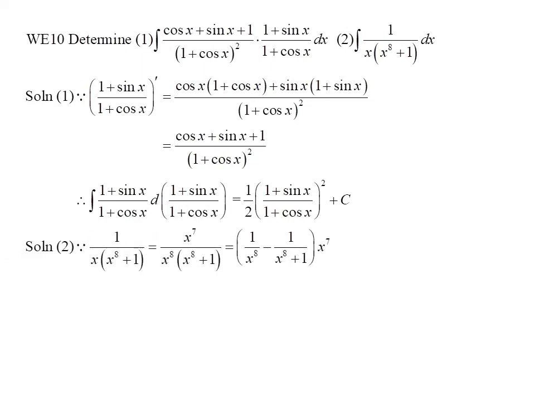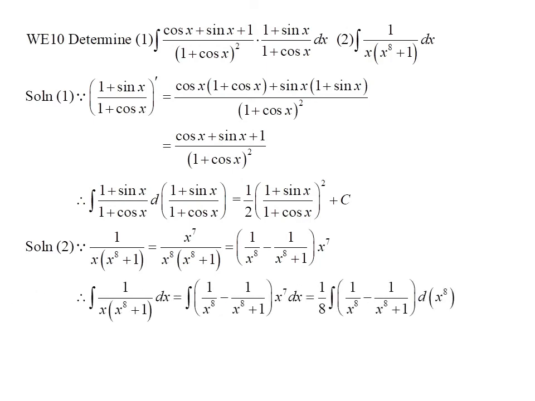As for the second antiderivative, since the integrand can be written to x to the 7th over x to the 8th times x to the 8th plus 1, or in parentheses, which can be further simplified to 1 over x to the 8th minus 1 over x to the 8th plus 1, or in parentheses, times x to the 7th.